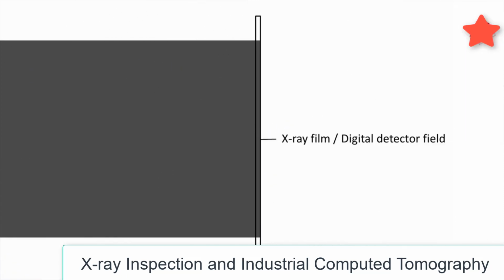This can either be a conventional X-ray film which turns darker the higher the intensity of the radiation, or it can be a digital detector field that measures the intensity of the radiation and converts it to electrical signals.